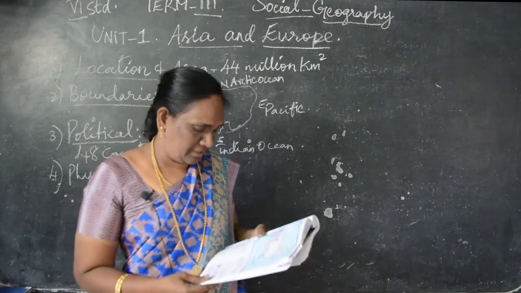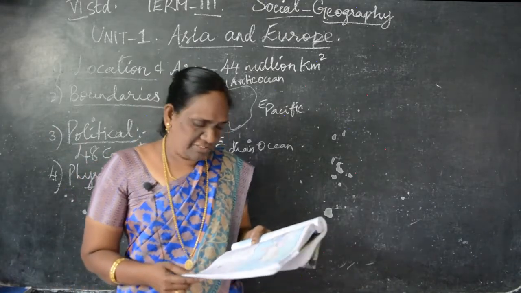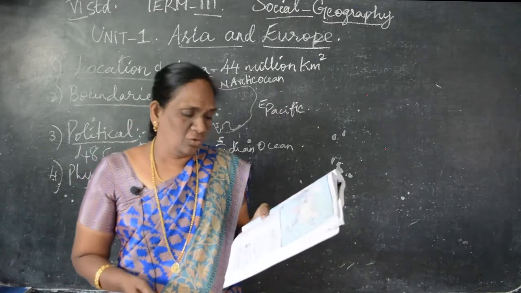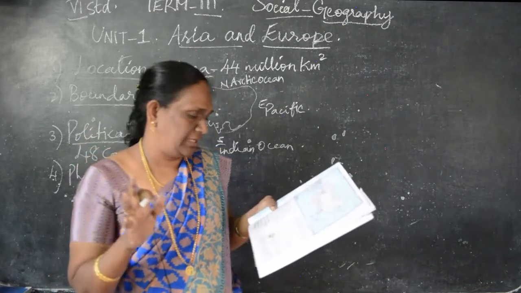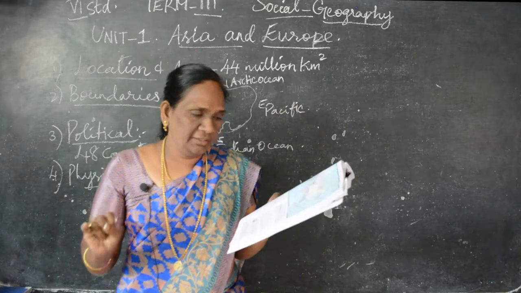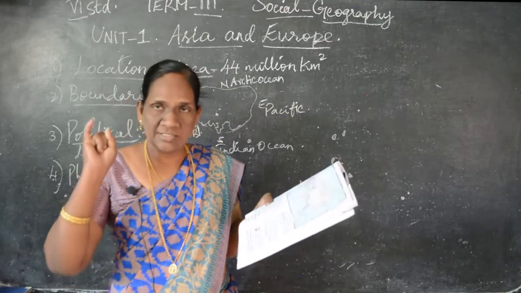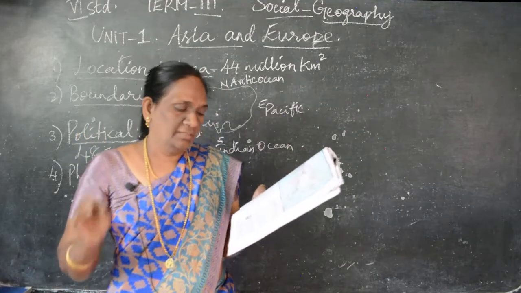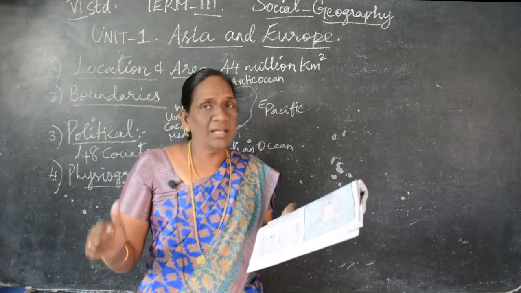Okay, and the physiography of Asia is divided into 5 major groups. They are the northern lowlands, the central high mountains, the southern plateaus, the great plains and island groups.